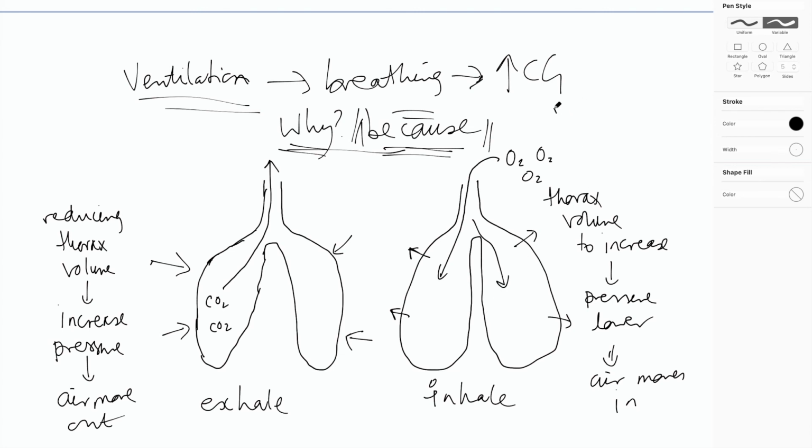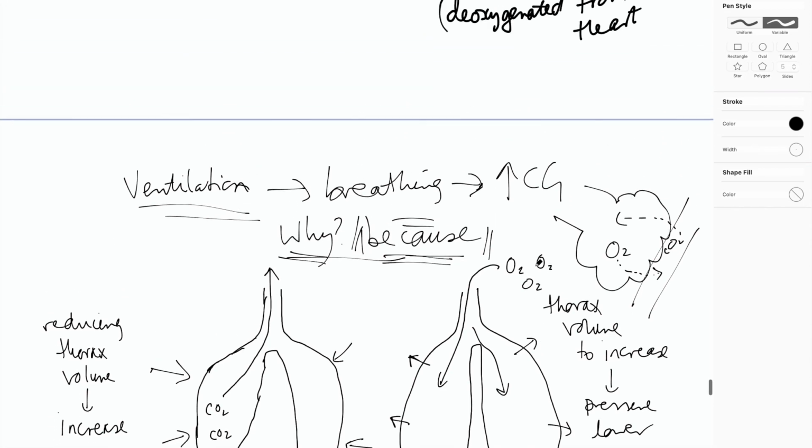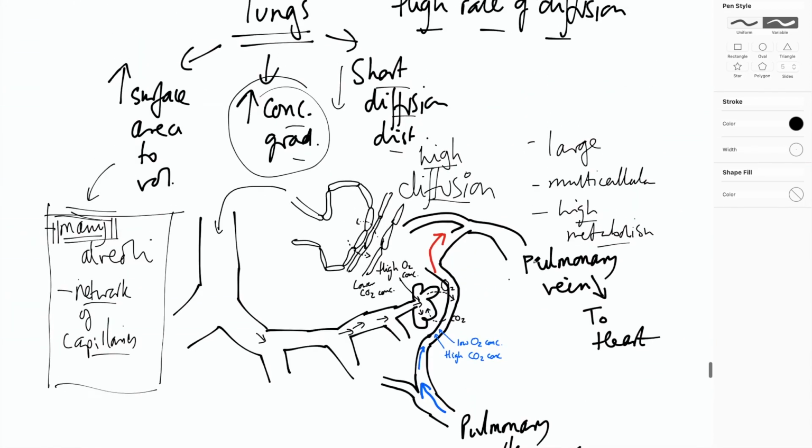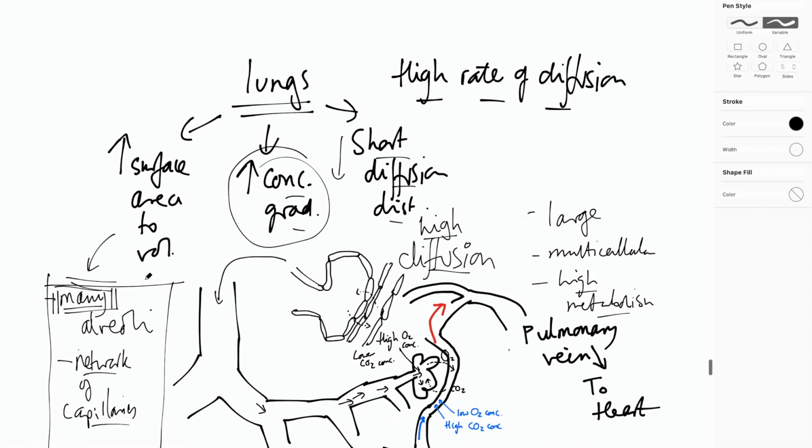And so because of that, we are always getting CO2 diffusing into the alveolus, and we're always getting oxygen diffusing into the blood in the capillary. All right, guys, and thus we satisfy the idea of the maintenance of the concentration gradient.